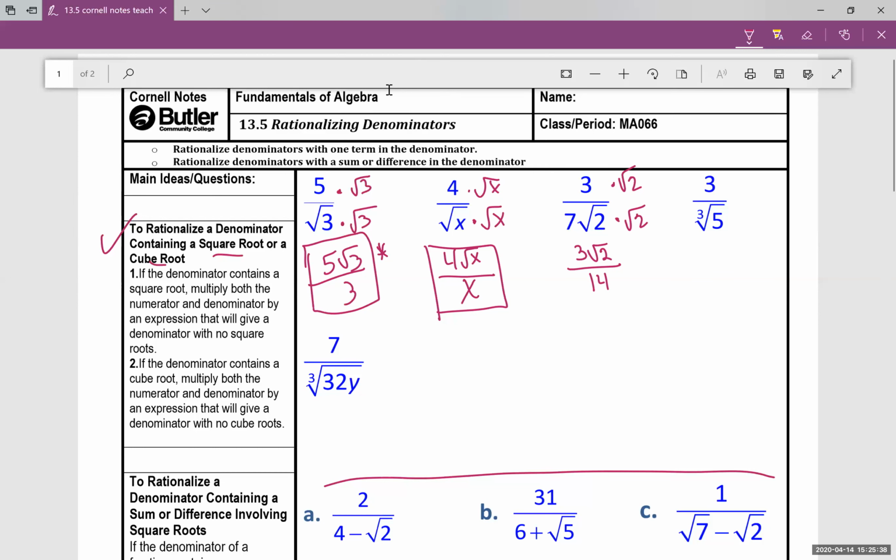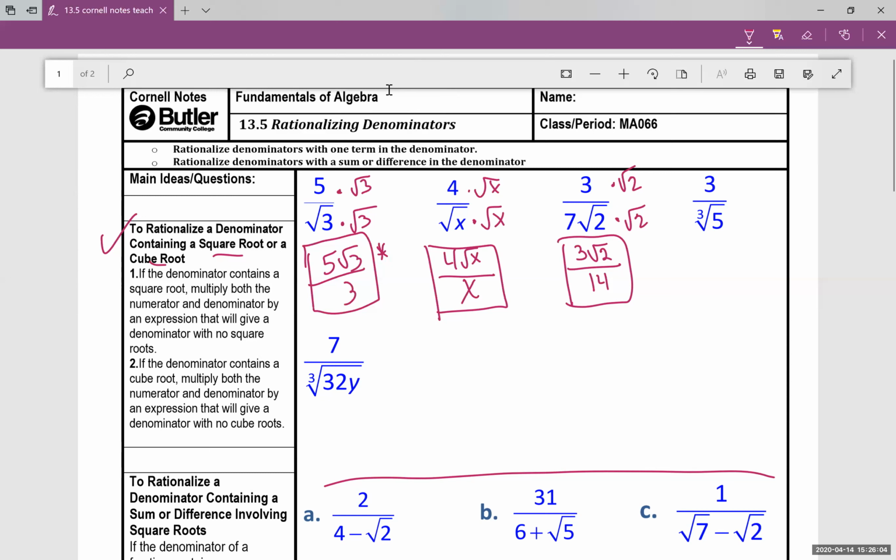Square root of 2 times square root of 2 is 2, and 7 times 2 is 14. I can't simplify this. If this had been 2 square root 2 over 14, the 2 and the 14 could have been simplified. But in this case, we're not going to simplify. The numbers on the outside, the 3 and the 14, are in simplest form.